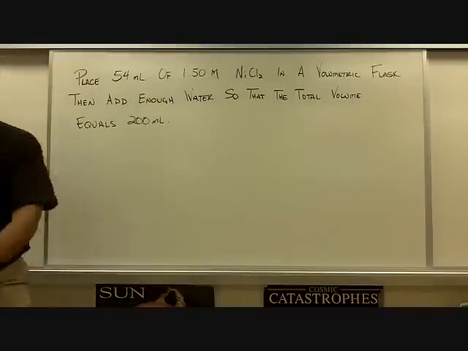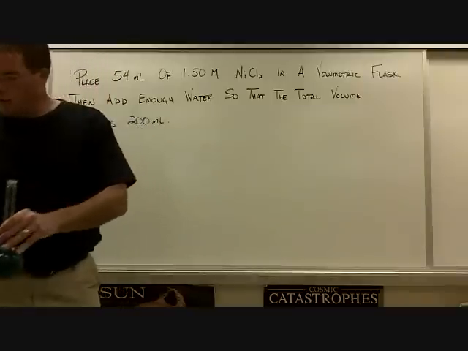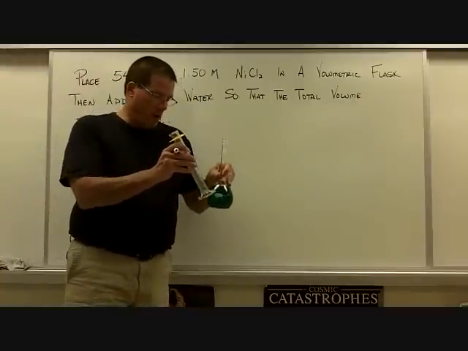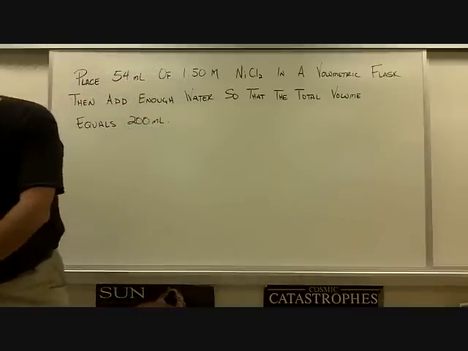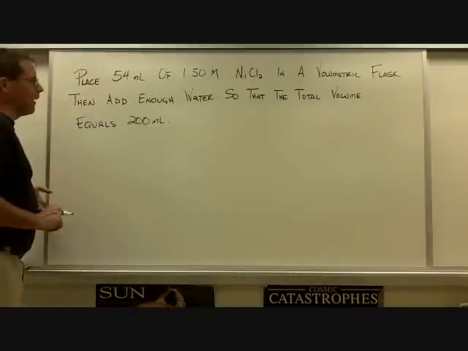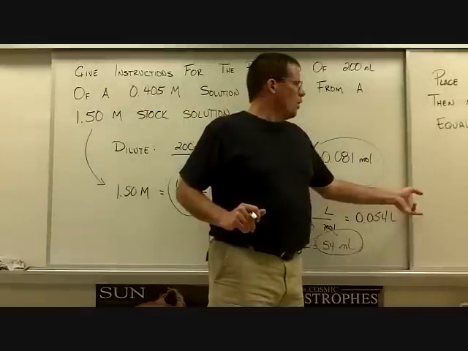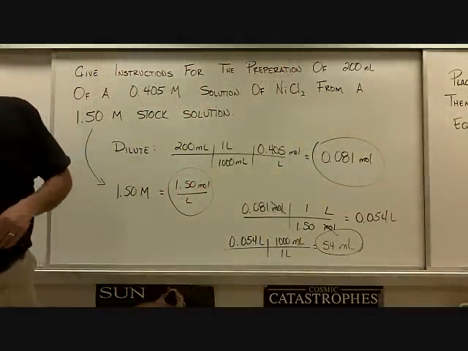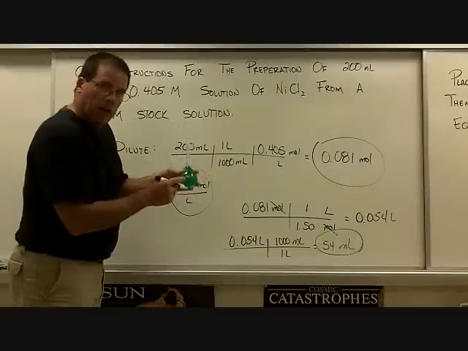When going from a liquid to a liquid, that's what we have to do. We have to find out what volume we need to measure out from our stock whenever we're doing a problem like this. So the key here is, first of all, we need to find out how many moles of the stock we have in our volumetric flask, in our dilute.